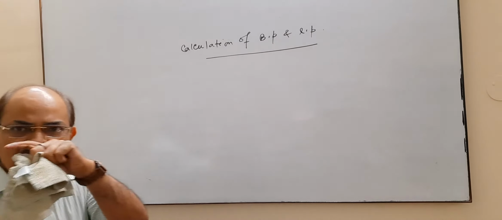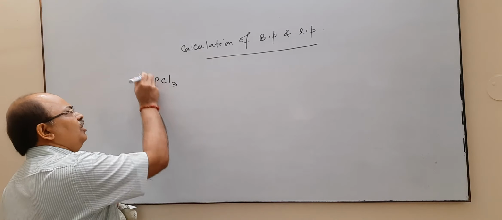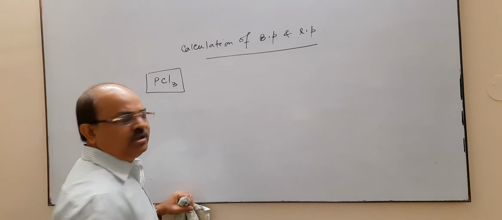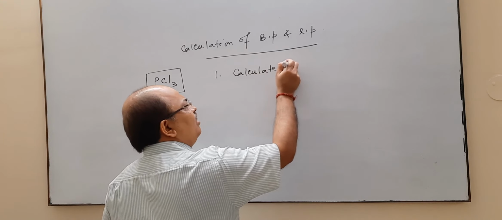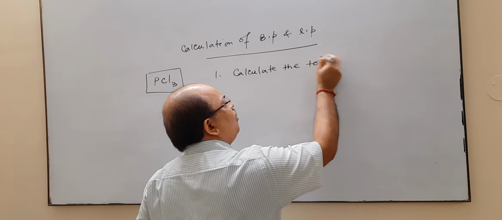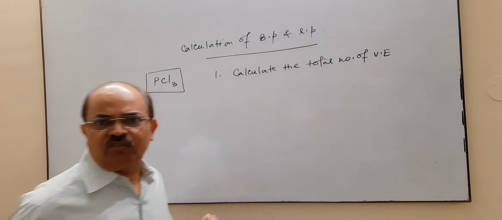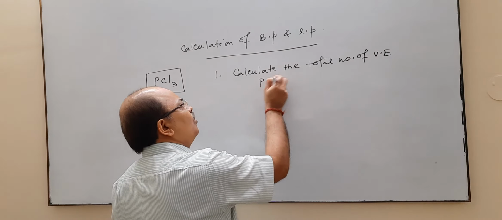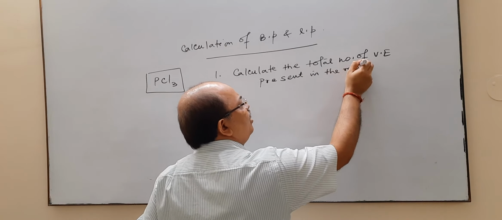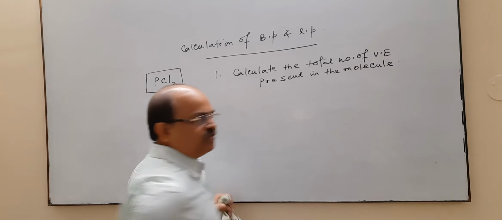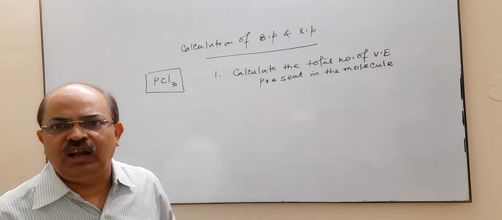For example, I have a compound like PCl3. The first point is to calculate the total number of valence electrons present in the molecule.